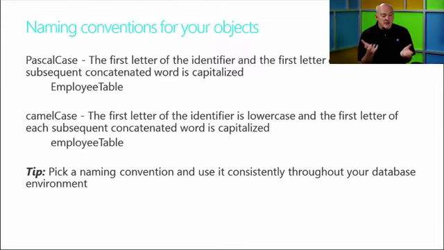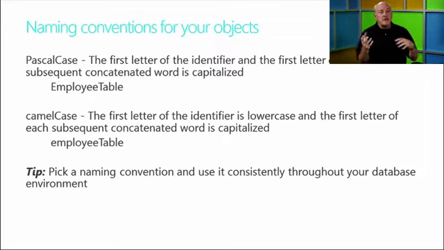Camel case, as you can see, the difference is that with the exception of the first word in the identifier, which is lowercase, every other concatenated word is capitalized. So whatever your preference is, mine, as I've shared a couple times already, is Pascal case. But whatever you're going to use, be consistent.